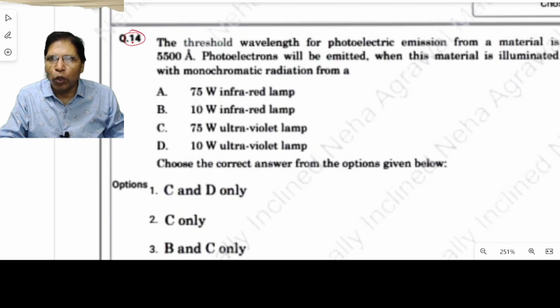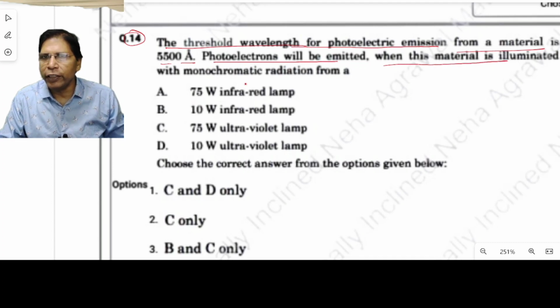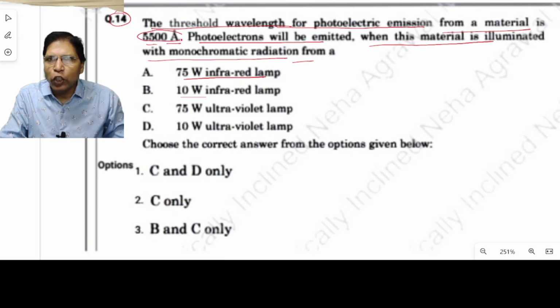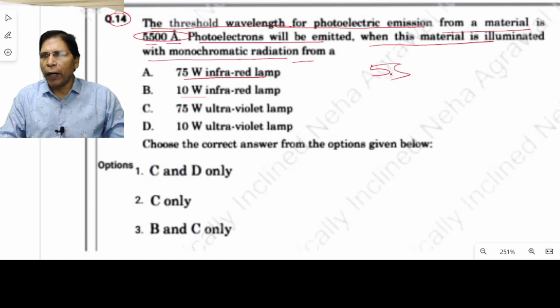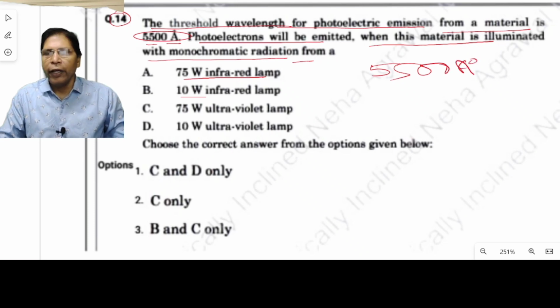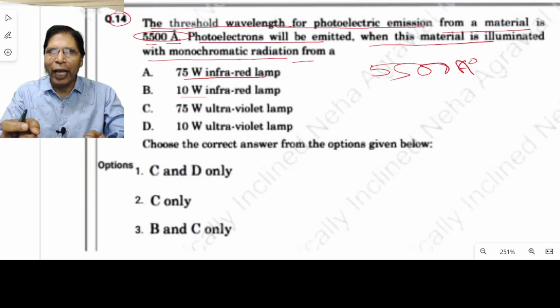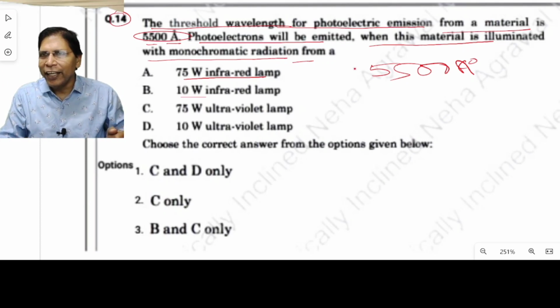Now question number 14. The threshold wavelength for a photoelectric emission from a material is 5500 angstrom. The photoelectrons will be emitted when the material is illuminated with the monochromatic radiation from a. Now look at this. Here threshold wavelength is 5500 angstrom. Therefore, electron is emitted with radiation having wavelength less than 5500.